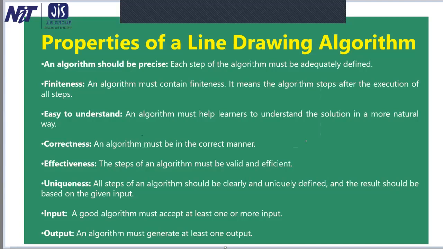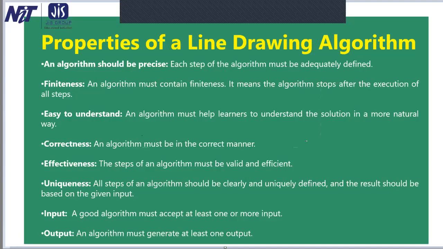That is, whenever a line needs to be drawn between 2 points, the algorithm should ensure that all the points are illuminated over the screen. Effectiveness. The steps of an algorithm must be valid and efficient.